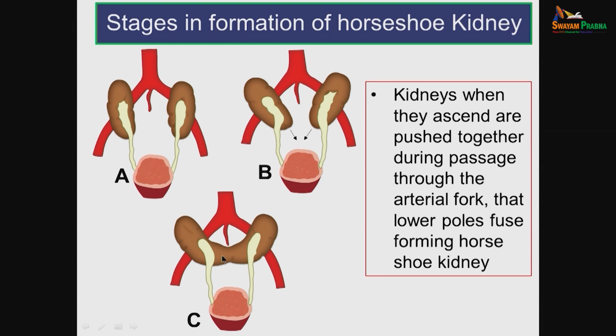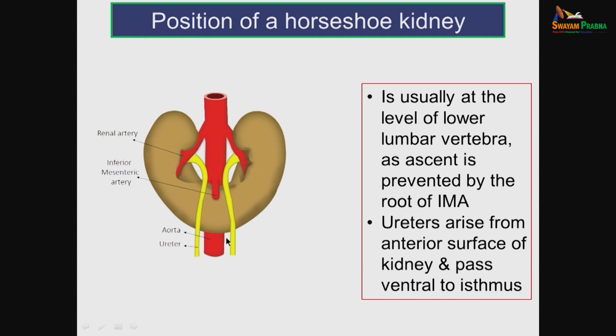Please note, these inferior poles are fused and this portion is called the isthmus. What you are seeing here is that the inferior poles are fused and this is the isthmus. This is the abdominal aorta and you can see the origin of the inferior mesenteric artery, that is usually at the level of the L3 vertebra.